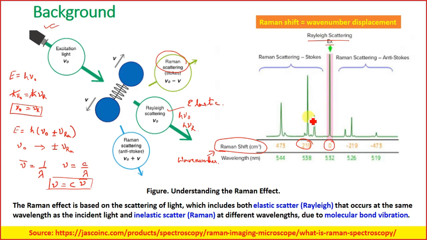Say at 219 we have a peak, at minus 219 we will have another peak. Now the difference between these two lines provides information about the amount of energy retained or released by the photons when they come to the ground energy levels.